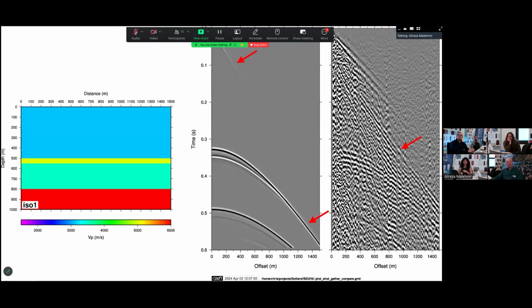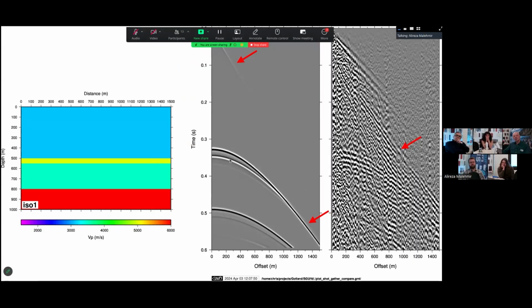So this is just a very simple acoustic model. We have the first arrival coming in here that we see here, but we don't see this strong diving wave at all. And we see the reflection from this limestone here, which has the high velocity.